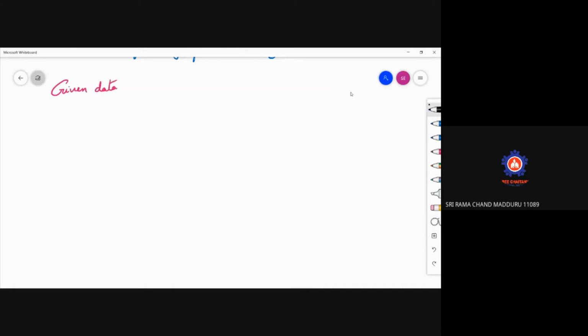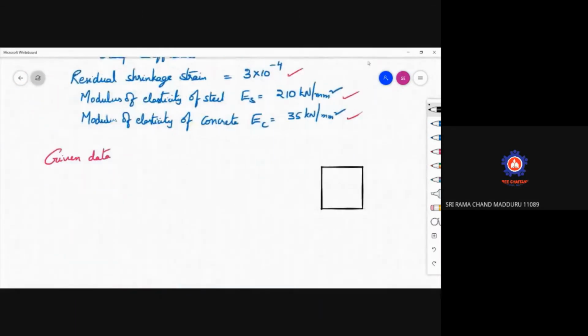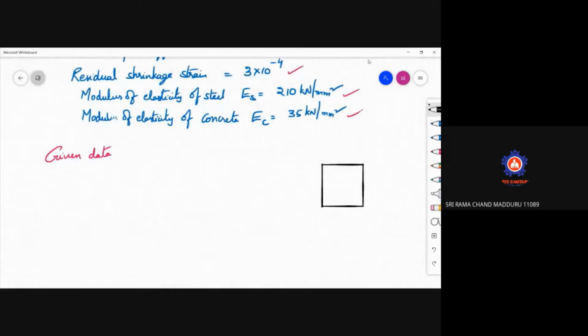In that, first of all, draw the beam that is given to us. So what are the dimensions that are given here? 250 mm wide and 300 mm deep. So this will be our neutral axis.